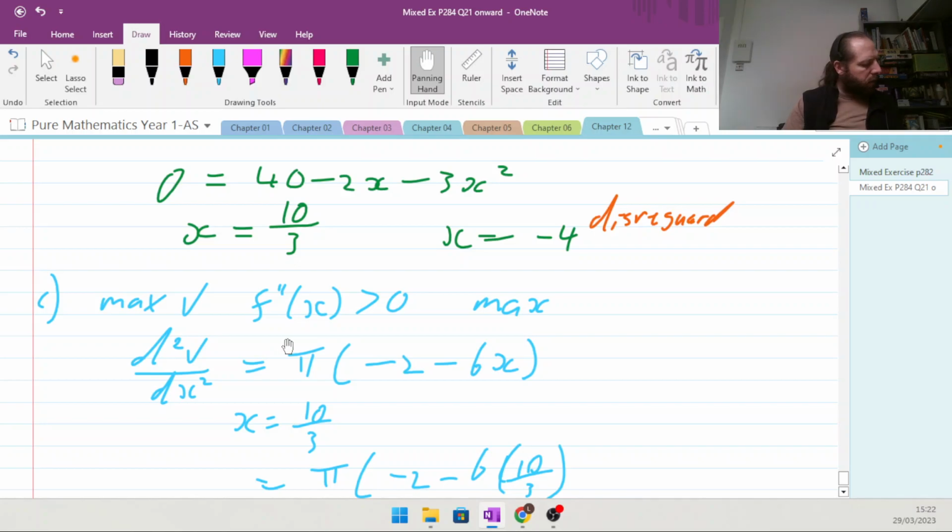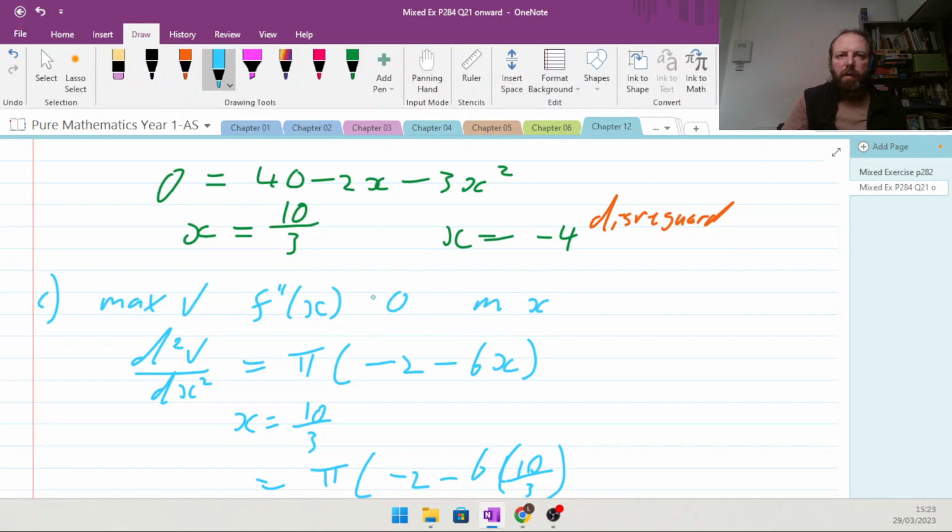Have I got that one the right way around when the point is local? Let's have a check. My bad, I've misread the notes in the book. That's for when it's a minimum.